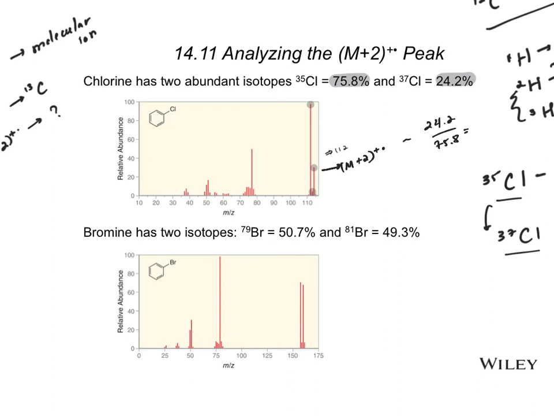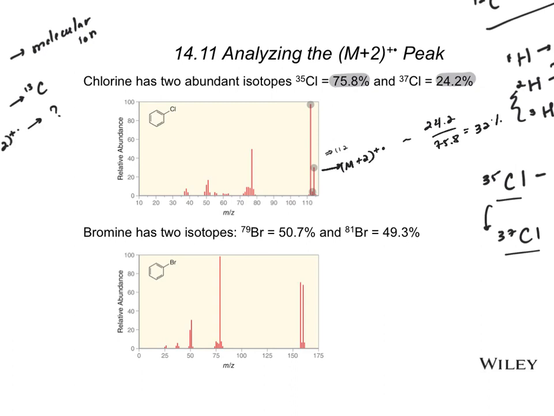So 24.2 divided by 75.8 gives us about 32%, multiplied by 100, of course.